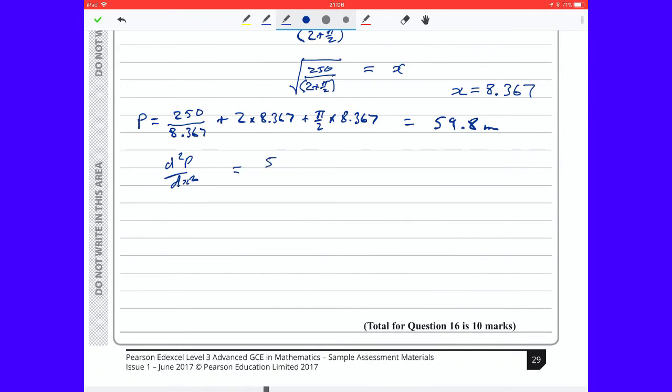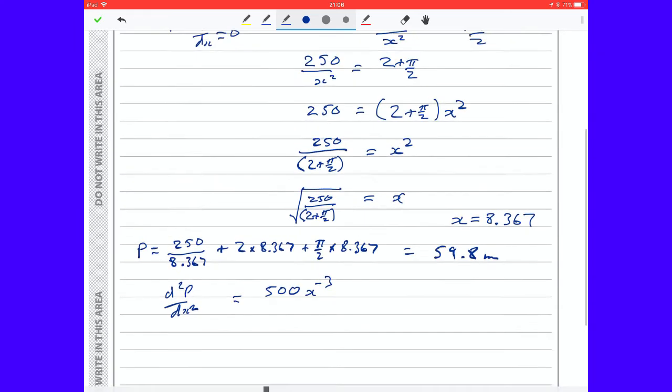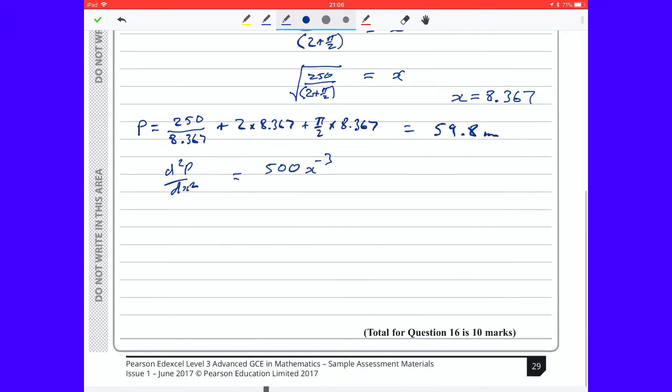So that's 500 x to the minus 3. And the other two terms were constants, and so they would disappear. And we can see that is 500 over x cubed, and for all positive x that's greater than 0, therefore indeed it is a minimum. But we weren't actually asked to show that in the question.